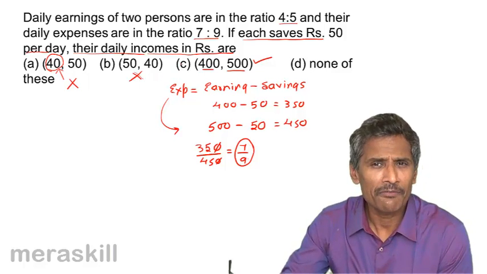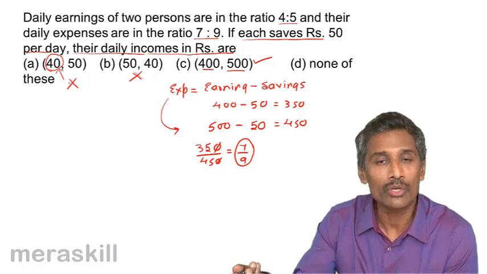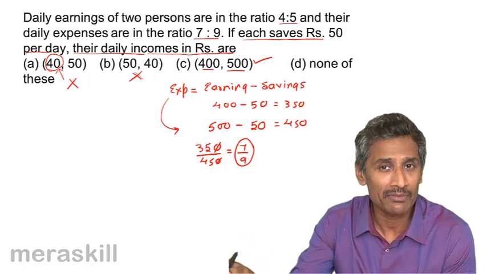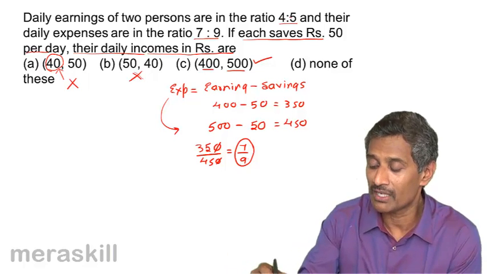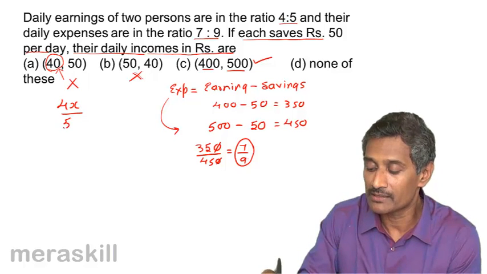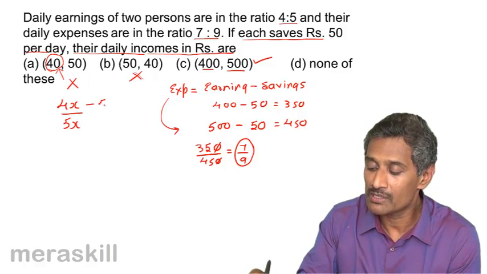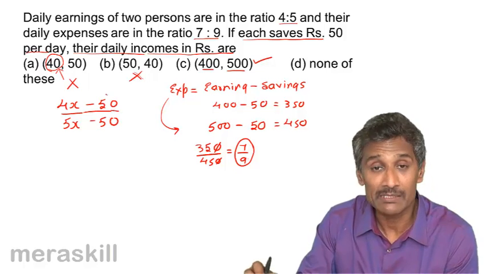Now this is a faster way of doing it. Actually, how you will do it is, of course, how you can actually understand the logic behind. We have done earlier some similar to this. If you see, there is 4 is to 5 are the earnings. So the earnings themselves will be 4x and 5x. From them, you're subtracting 50, 50 to get the ratio of the expenses.